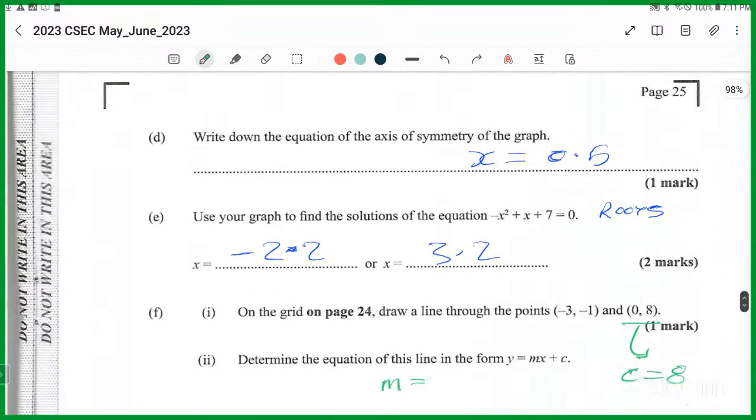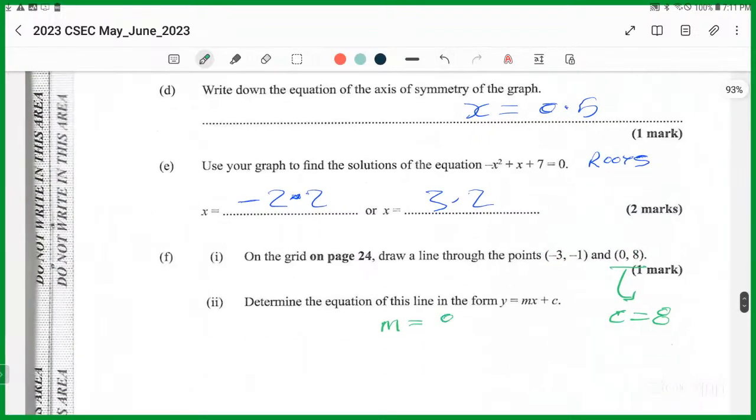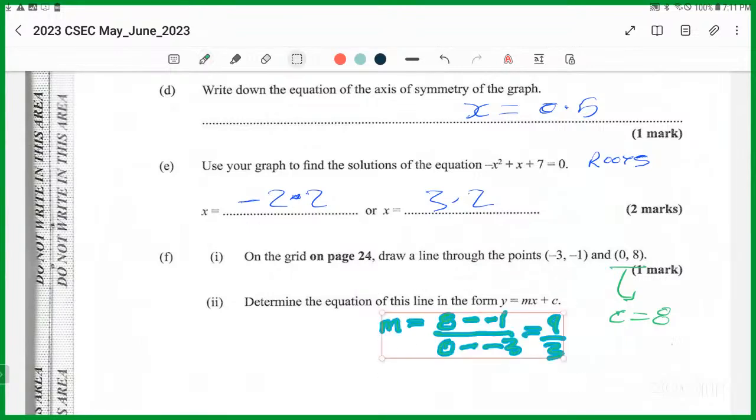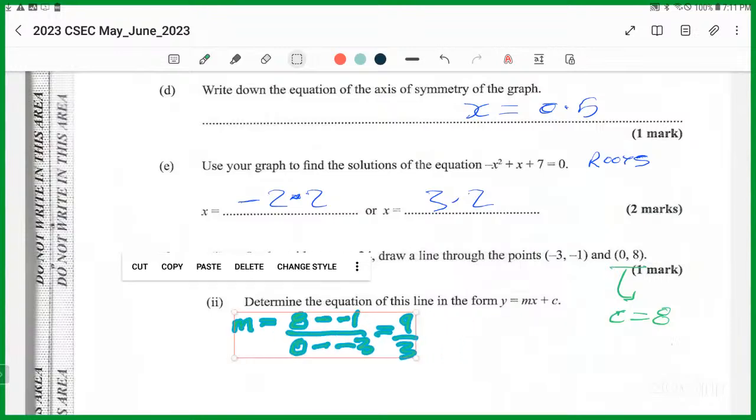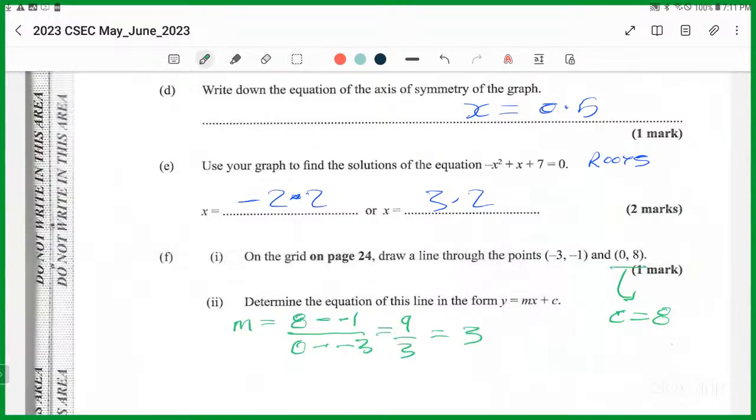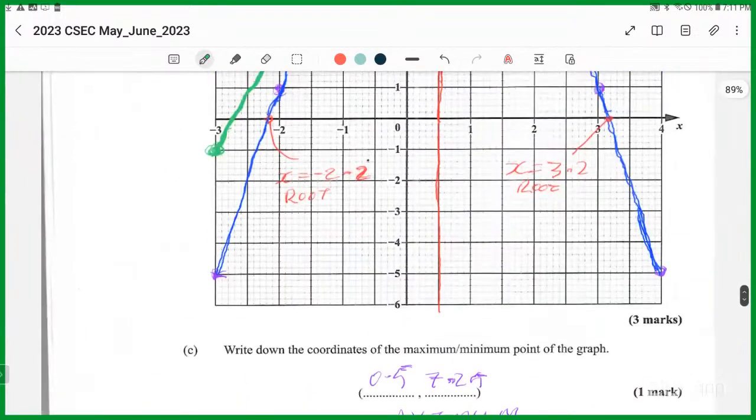Difference in y, this y value minus that y value, over this x value minus that x value. So it's 3 minus -1... over 0 minus -3. It becomes 9 over 3, which is 3. You can count it off on the graph as well. It becomes 3.